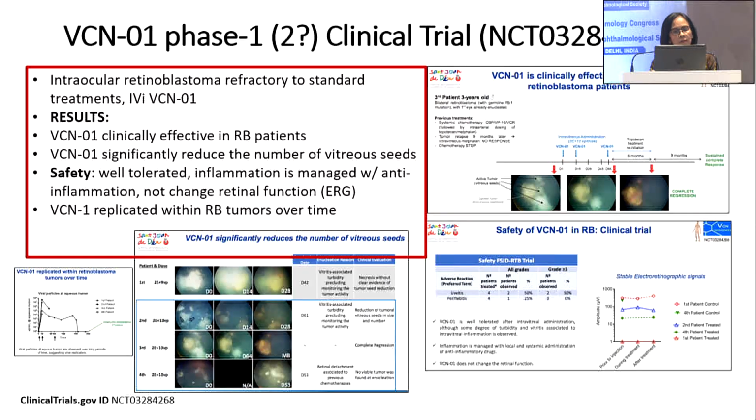The other results: significantly reduced number of vitreous seeds, quite safe, well tolerated, and VCN replicated within RB tumors over time. But this also has to be conducted in phase 2 and phase 3 before we apply it in clinical practice.